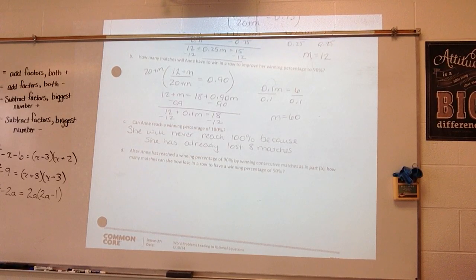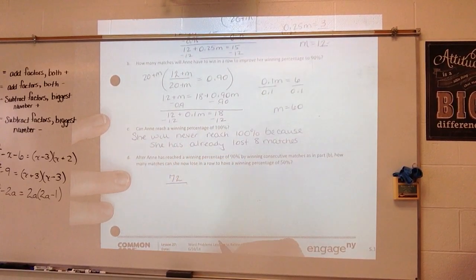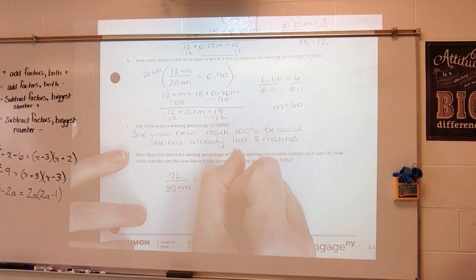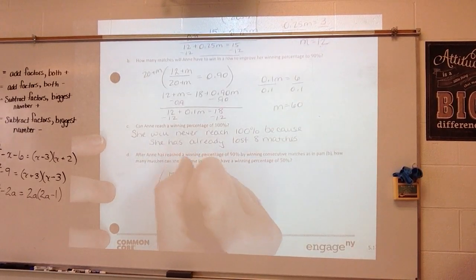So we're going to assume that if she loses the next M matches in a row, she will still have won 72 matches out of all of her matches. So she's won 72, and she's going to continue losing matches. So now the number of matches is only going to be added to her total amount. And she wants to keep that at 50%.